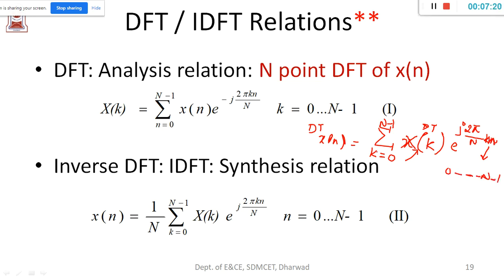So this is the equation for the IDFT, and we are considering N number of samples, so I divide this by N. That is where we got 1 by N, summation k runs from 0 to N minus 1, X of k e to the power of j 2 pi kn by N, right?